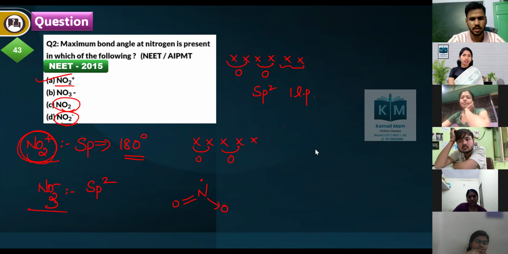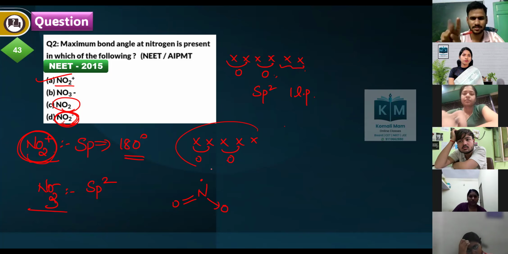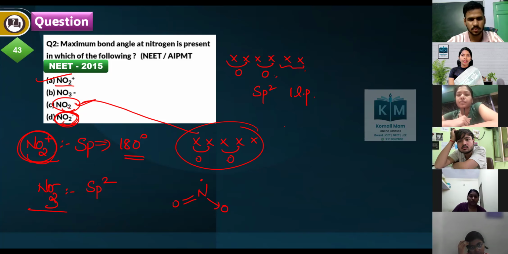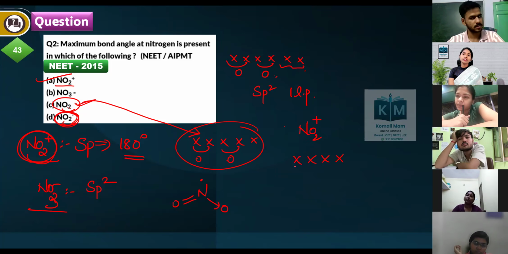This is for NO2 plus, this I found for NO2. Okay, NO2 plus is total 5 electrons. It lost 1. So sp. I have written here directly, I think. Okay, na?